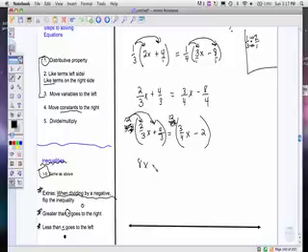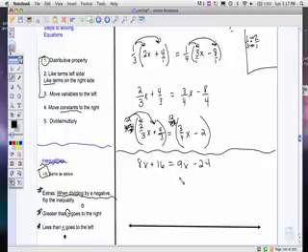And I got 12 times 2, which is 24, divided by 3, which is 8x. And I got 12 times 4, which is 48, divided by 3, which is 16. Now on the other side, I get 12 times 3, which is 36, divided by 4 is 9x. And 12 times negative 2 is negative 24. Now, the good news about this is now I got a real simple problem.